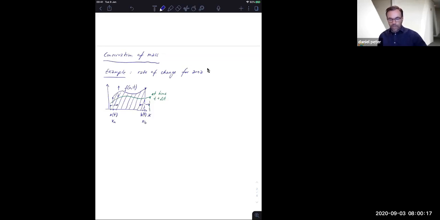Good. Now, how is area defined? Well, area is the integral from the position xa, or in this case a of t, to xb, which is b of t, of the function f of x and t, dx. So that's how area is defined: the integral of that function from its boundary at one side to the boundary at the other side.